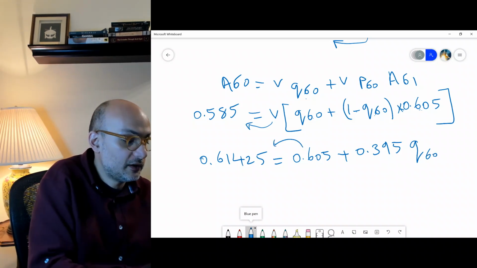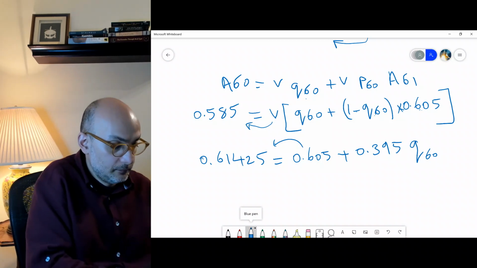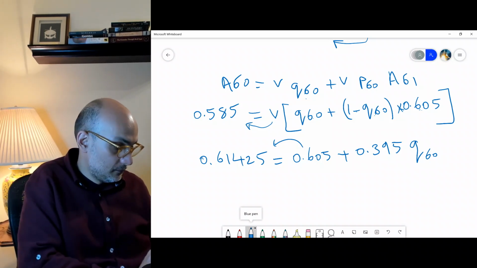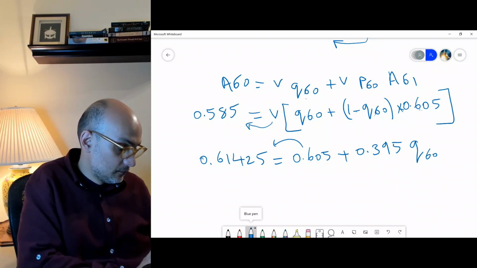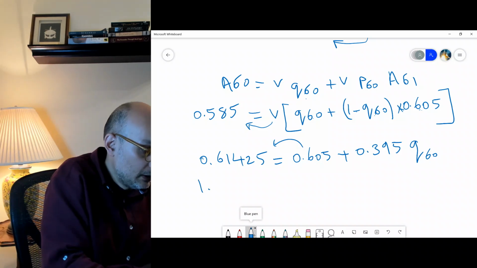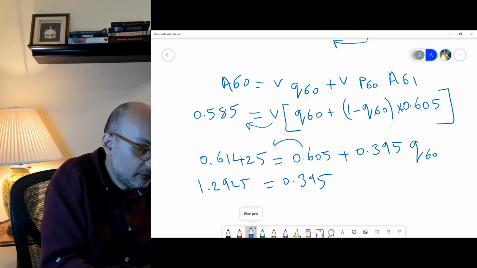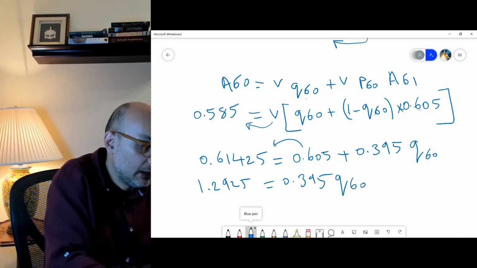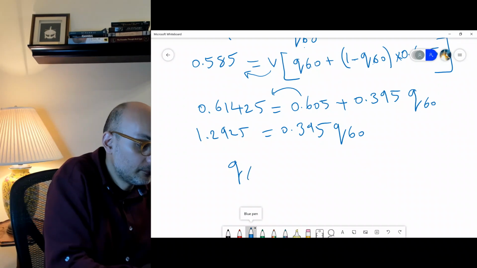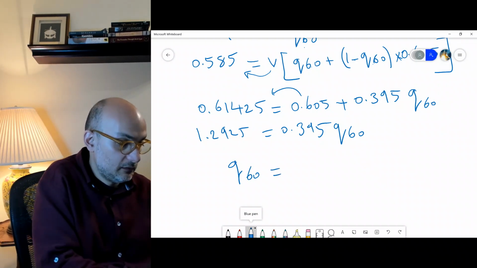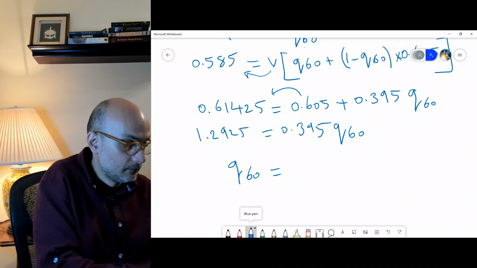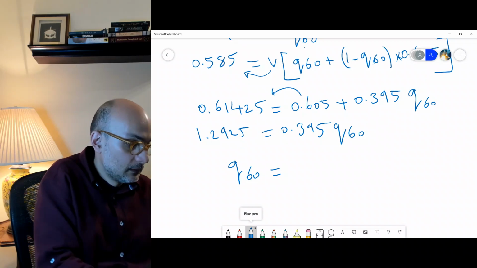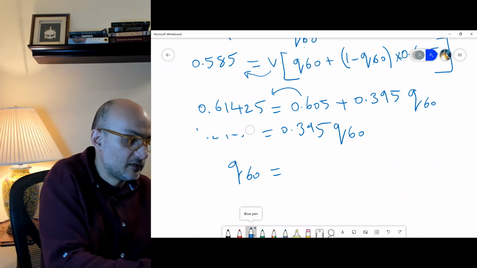Take this one to the other side. Plus, you will get 1.2925 equal 0.395 q60, then q60 divided by, this one is a mistake, you know.